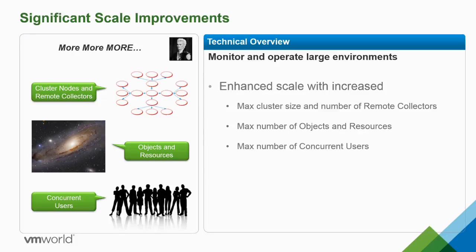We've made improvements in the architecture and scalability of Operations Manager. So if you're one of those clients that has a very large environment, a lot of remote data centers as well, you'll be excited about this because I like to say the theme here is bigger, better, faster.